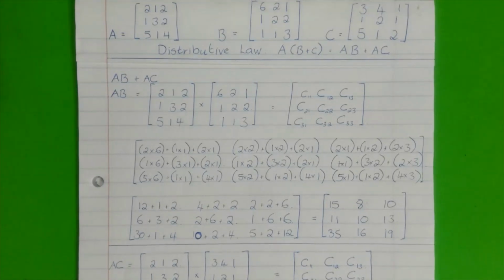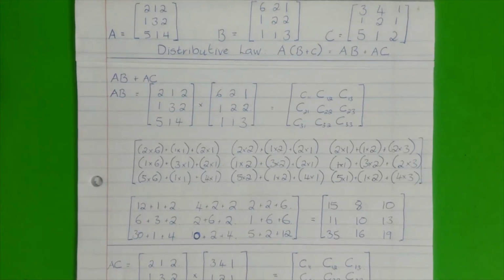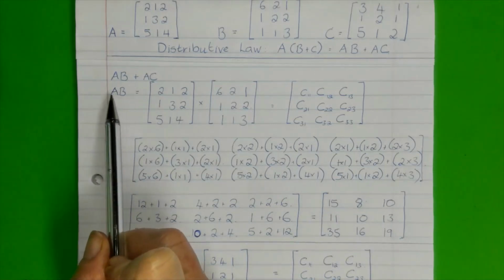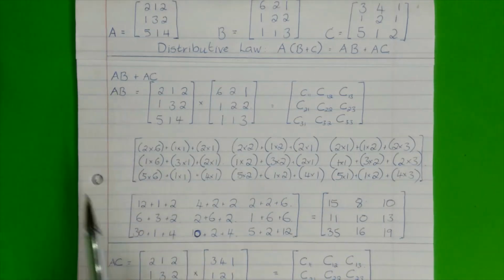We won't go through it in detail this time, but you can clearly see how the calculation is done, and the solution when we multiply A by B, A being the lead and B being the lag matrix, is as follows.